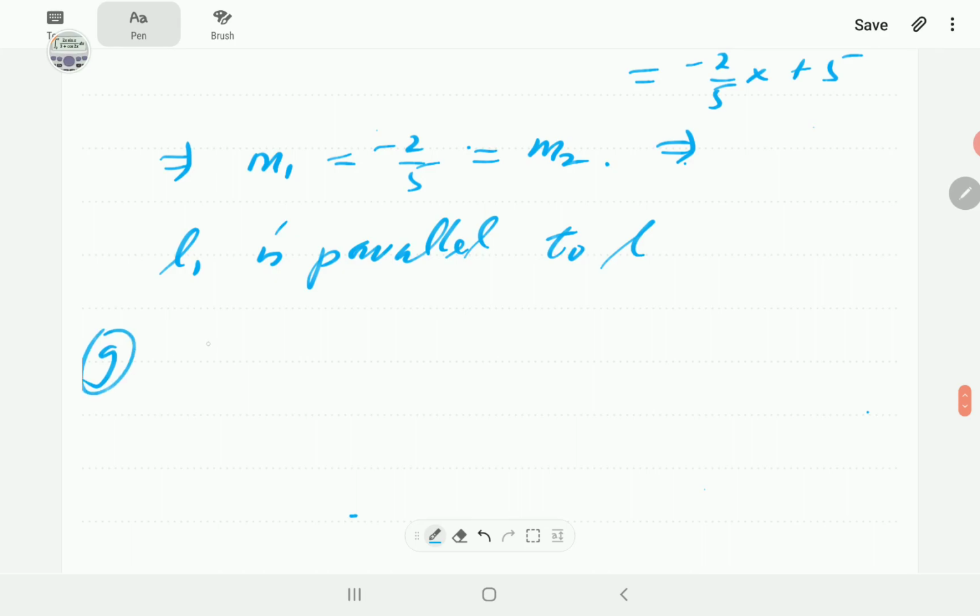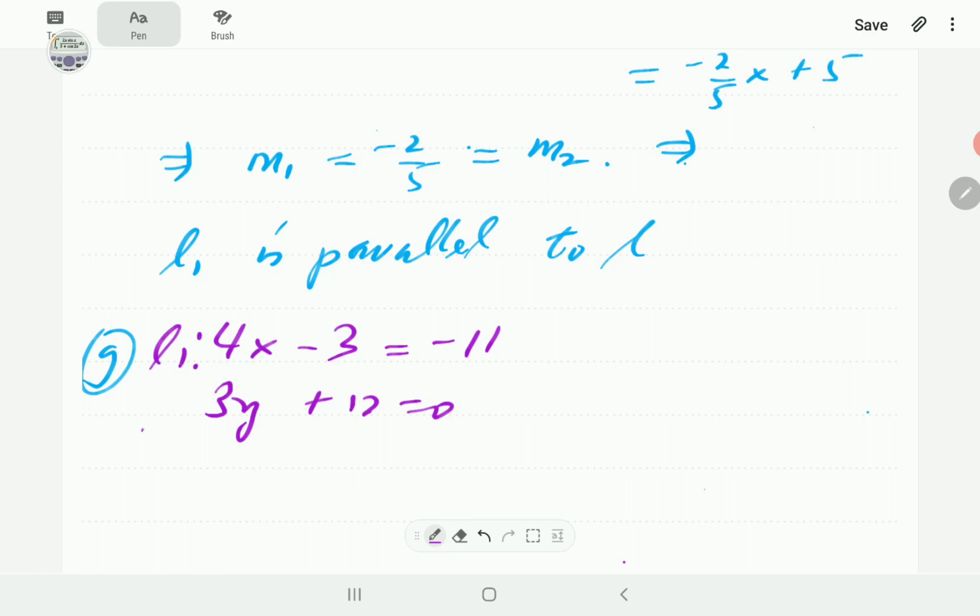So G: use a different color. 4x - 3y is -11, and 3y + 12 = 0.